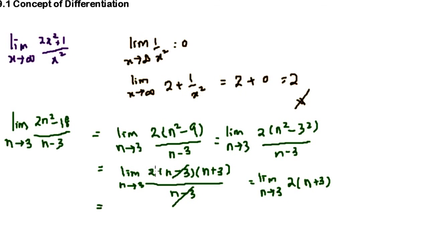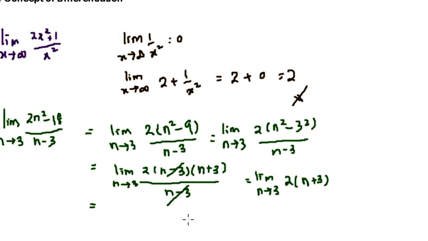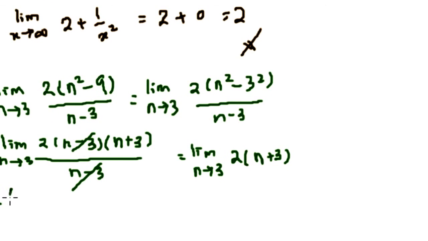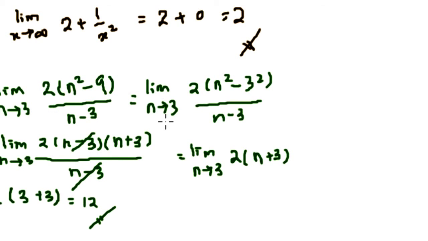What you have to do is to change the improper fractions into proper fractions and eliminate excessive terms that you don't need. When you have this simple expression, you can just put n as 3, so 2 times 3 plus 3. You get 12. The steps are important because these steps will be counted in your examination.